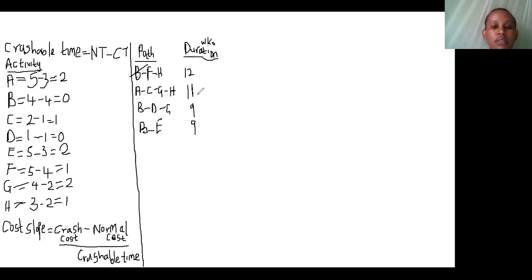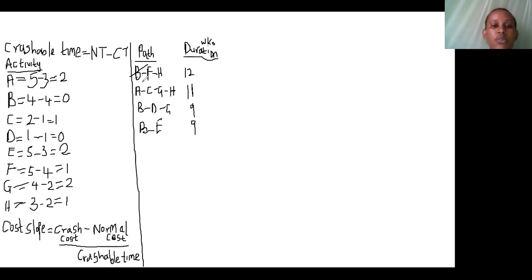Remember, one of the considerations during the crushing, you shouldn't allow at any point your original critical path be overtaken by any other path. Always maintain that path to be critical all the way until you are done with the process of crushing the activities in the project.